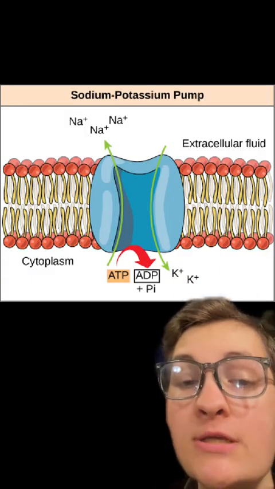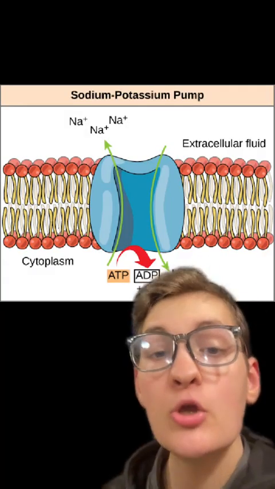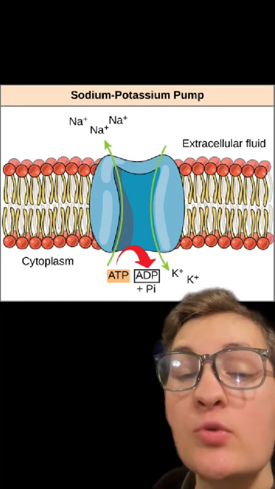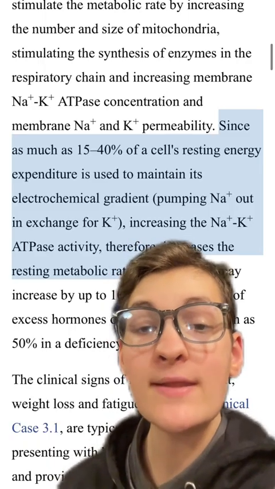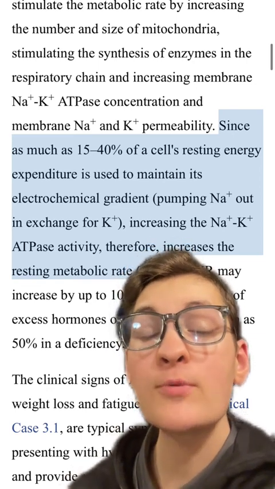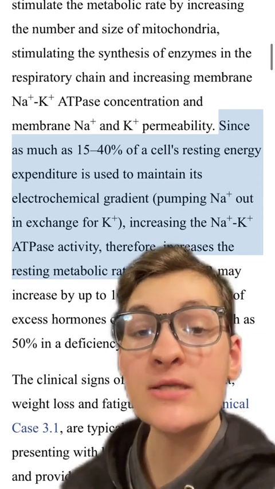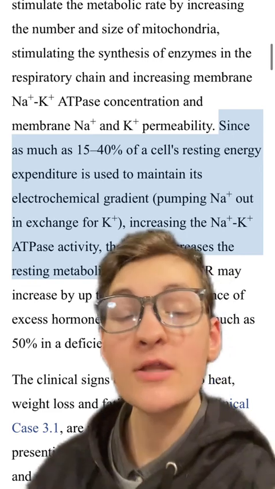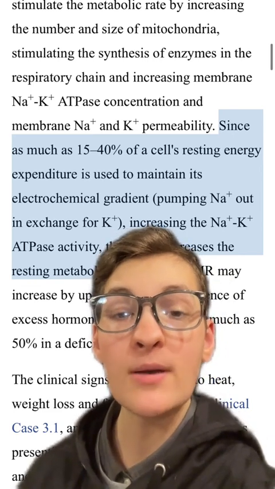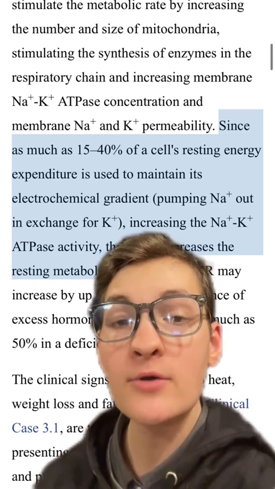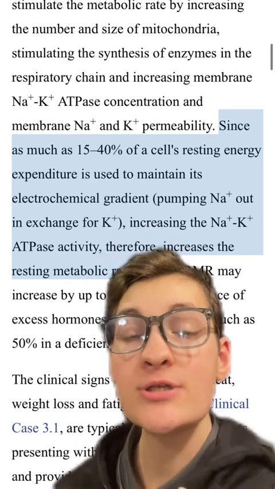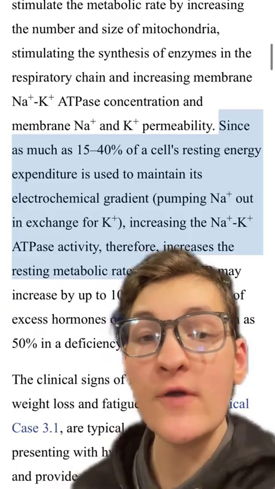These are small proteins that utilize ATP to exchange sodium and potassium between the bloodstream and inside of the cell. For the sake of this discussion, it's important to understand that these proteins account for between 15 and 40% of a cell's resting energy expenditure. Therefore, the way that thyroid increases our metabolic expenditure is by increasing the breakdown of fats, carbohydrates, and proteins, and increasing the cell's production and usage of energy.